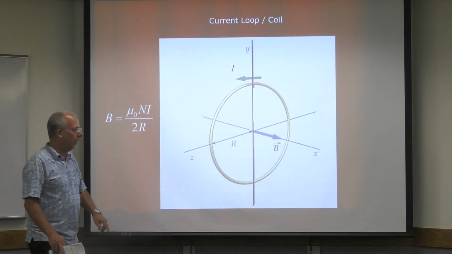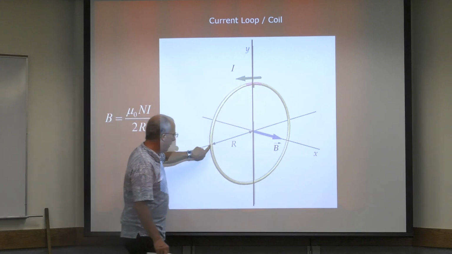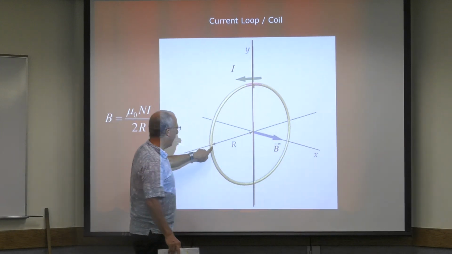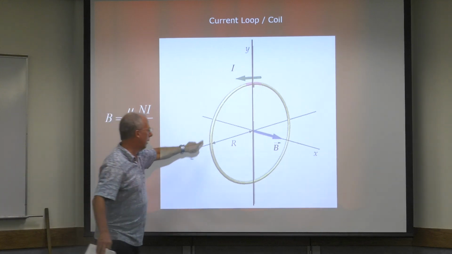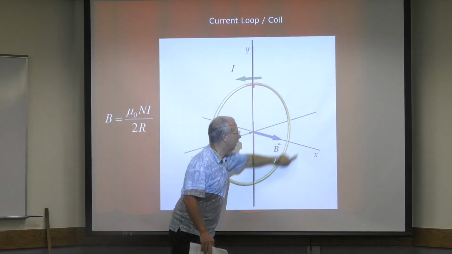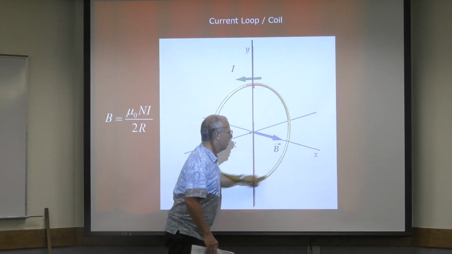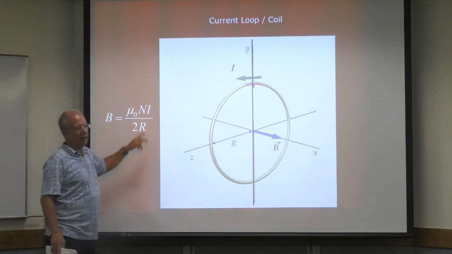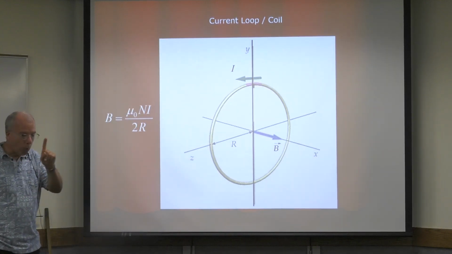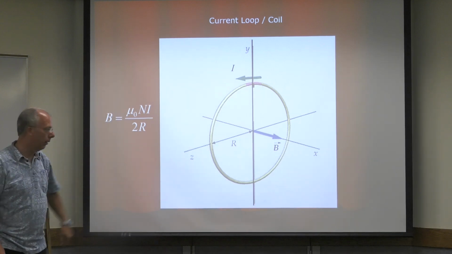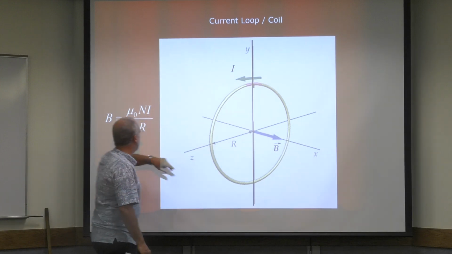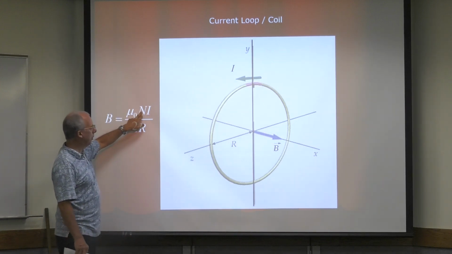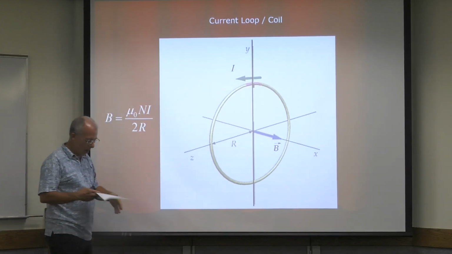So let's just say you had just one piece of wire. Then uppercase N would be 1. Now let's say I had a really, really long piece of wire, and you just kept wrapping it. So the book says it's like the number of turns, but it's one long wire. You just keep wrapping it, okay? All right, so there. So the B field at the center is mu naught, number of turns, current, divided by 2r.